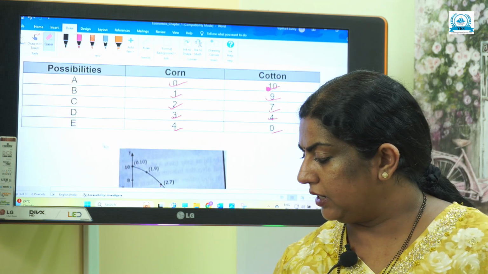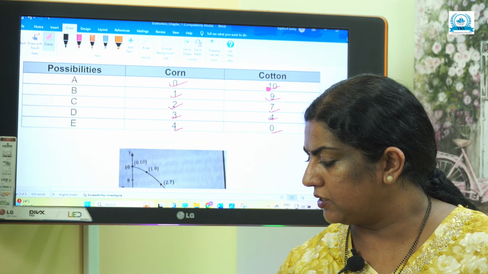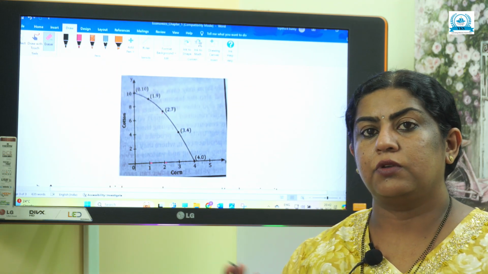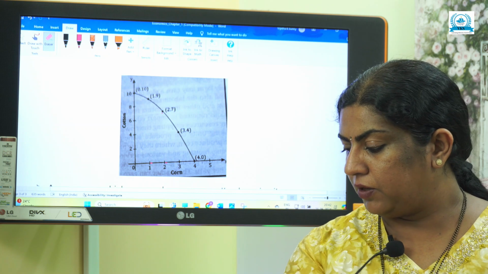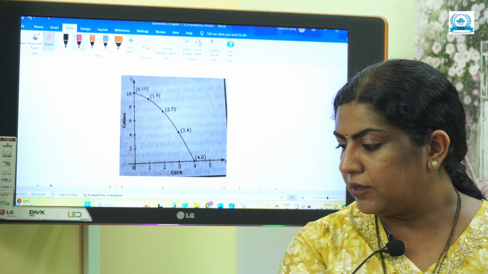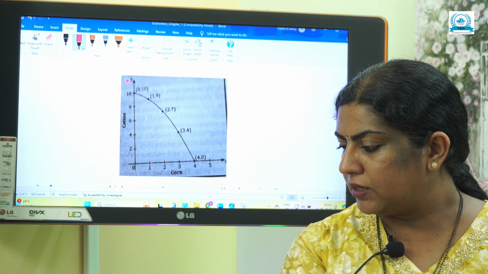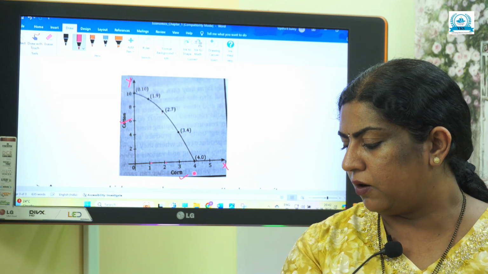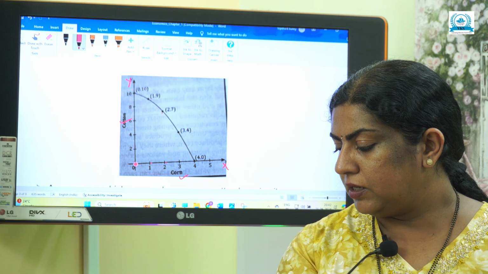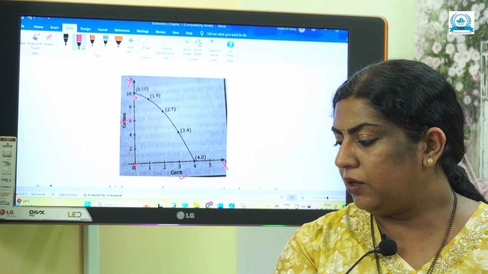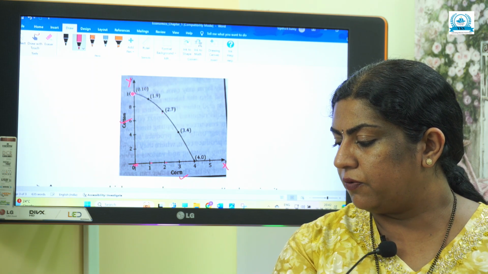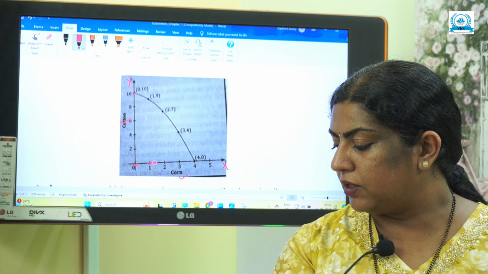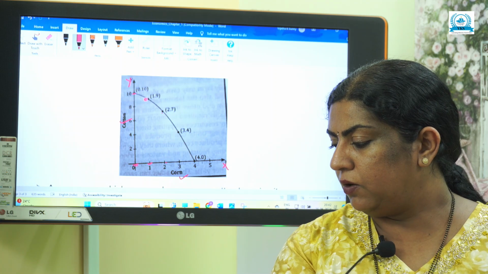Now let us see this diagram and try to explain this a little more. Here you can see different combinations are used to allocate the resources. On the y-axis you have cotton, and on the x-axis you have corn. When 0 units of corn are used, you have 10 units of cotton. When you use 1 unit of corn, you have 9 units of cotton.